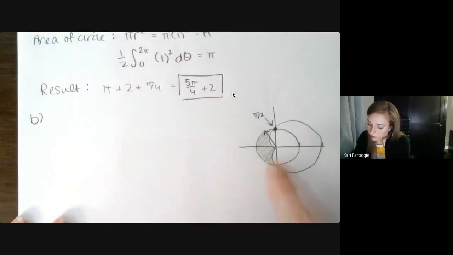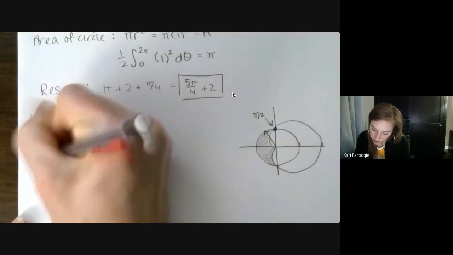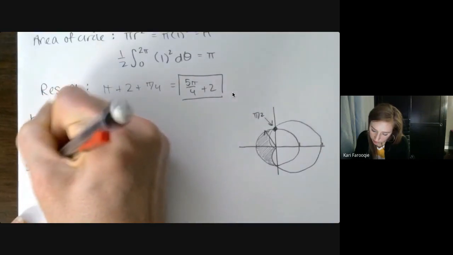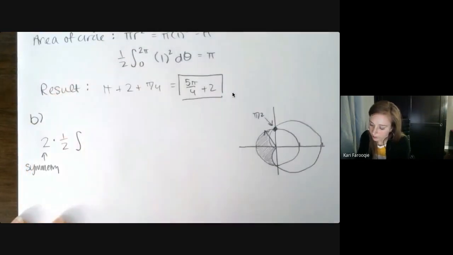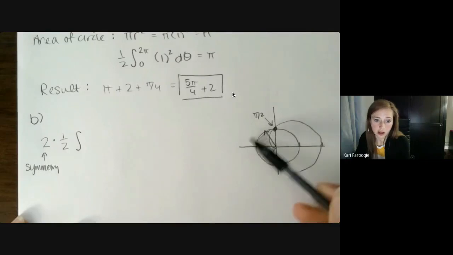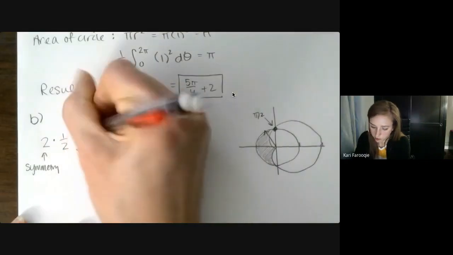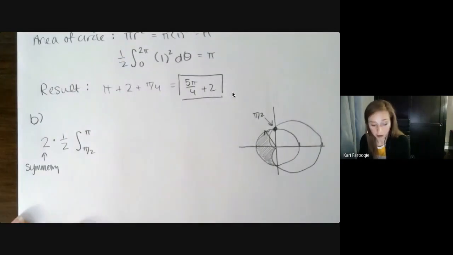So again, I'm going to use symmetry. So we're going to take 2 times, and then 1/2 is just part of your formula. Then we're going to take the integral from, well, in this case, our intersection happens here at pi over 2. And last time we started at 0. This time we're ending at pi. So we're going to go from pi over 2 to pi.